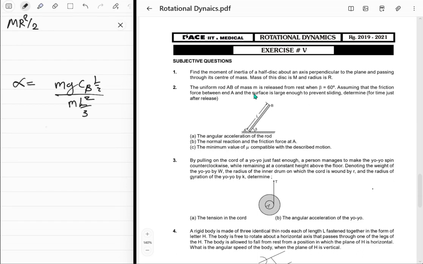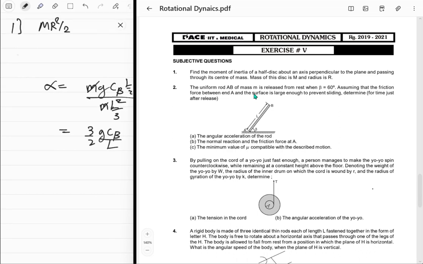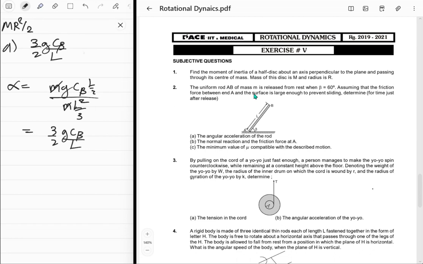There we go, that's our angular acceleration. This cancels. It is going to be 3 upon 2 g cosine beta upon L. So A, that is just going to be 3 upon 2 g cosine beta upon L. Okay, what about B?